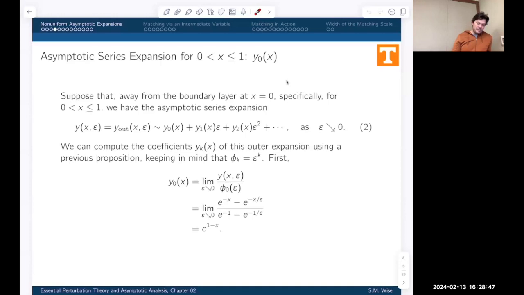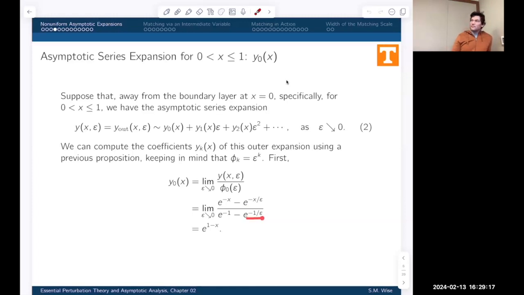Now what happens as epsilon goes to 0, this term and this term become vanishingly small because we're not at x equals 0. At x equals 0, something else happens, but as long as we stay away from x equals 0, well enough away, then for any fixed x, this term, as epsilon goes to 0, has e to the minus a really large number, which gets very, very small, transcendentally small.